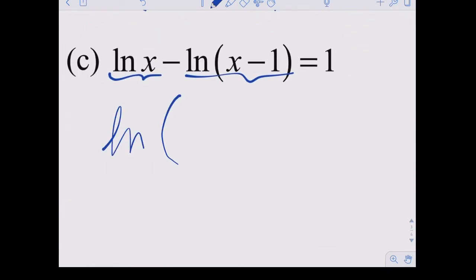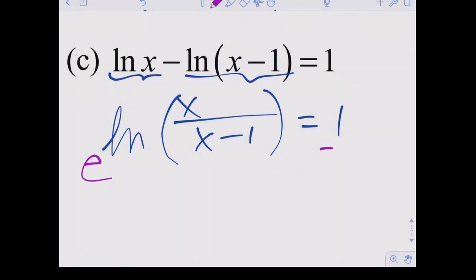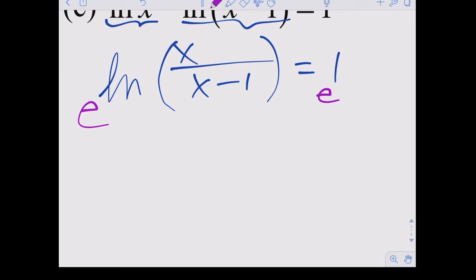So you pull one log out, the positive term x is in the top, the negative term's argument is in the denominator. Now that you've isolated the log, Brandon, now it would be a good time to e both sides. Now, e to the natural log of blob is the blob. And on the right side, I get e. So now I've gotten rid of the logs altogether, turned it into an algebraic equation.